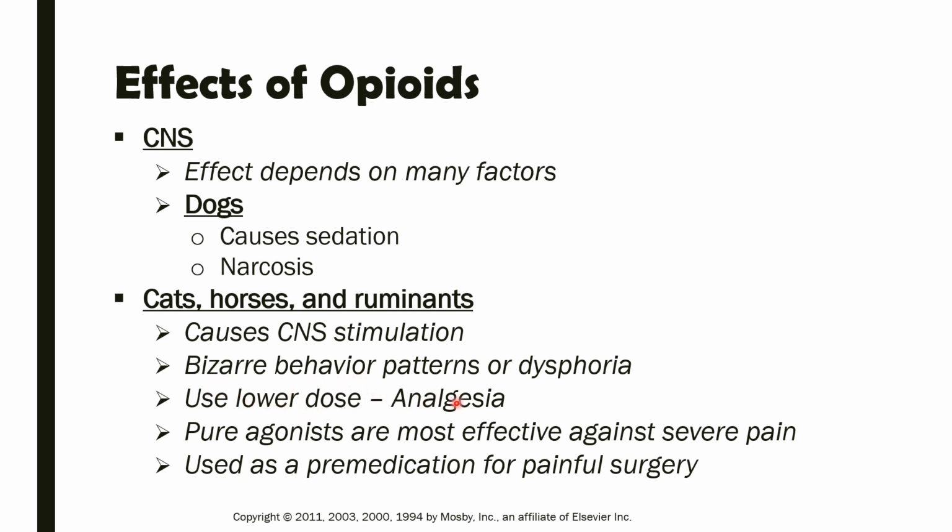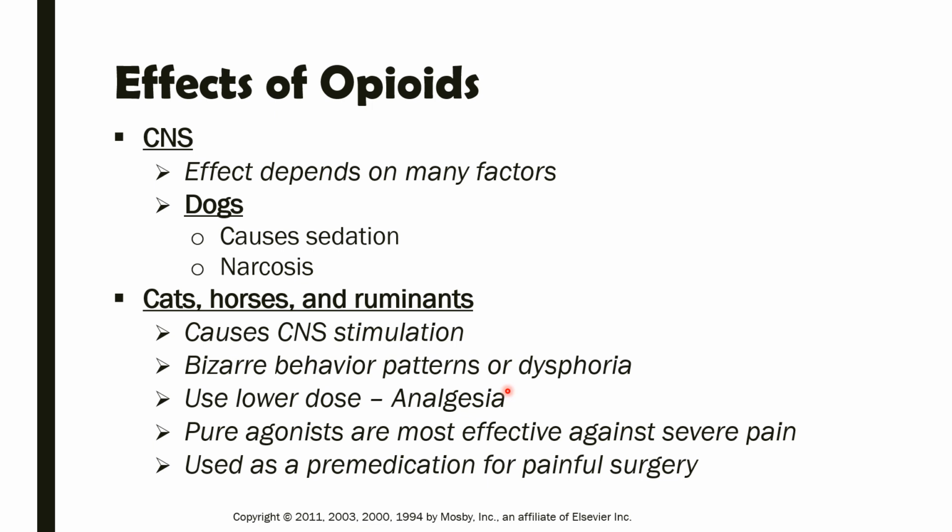It is important to note the analgesia. Pure agonists on the mu receptors are considered to be the most effective for severe pain, and we use these most of the time as pre-meds for painful surgeries. The physiological role of the mu receptor is mainly analgesia, so it has a potent analgesic property.